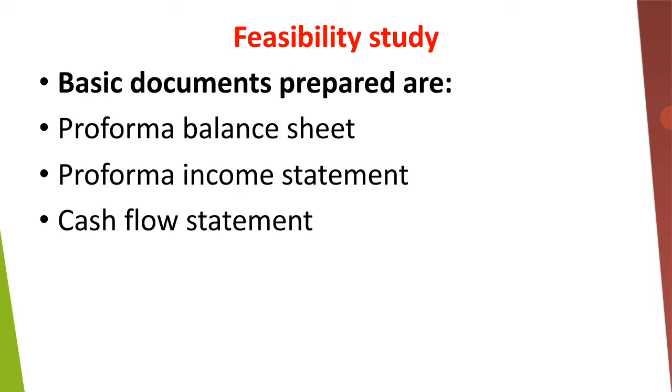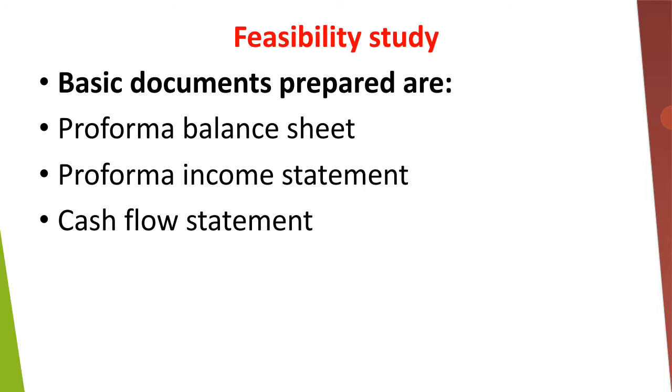The basic documents prepared for the purpose of financial feasibility study are pro forma balance sheet, pro forma income statement and cash flow statement. So based on estimated costs and estimated revenues, we can prepare pro forma income statement.